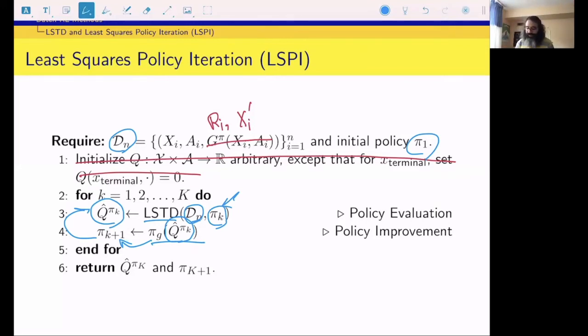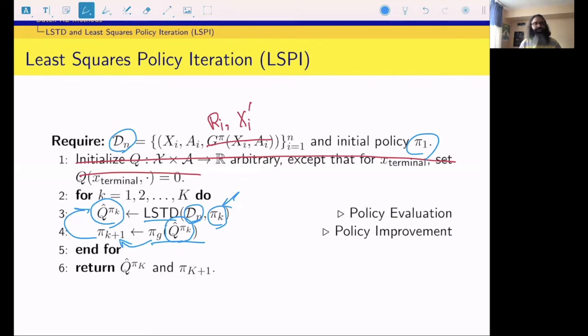If we write it in the LSTDQ formulation, you can see that a fixed data set is enough to compute Q essentially. So LSTD for the action value function is an off-policy method. With a given data set, I can evaluate any policy.